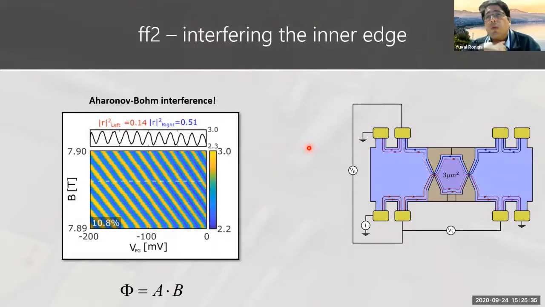Okay, so two main things. The first one is that the bottom HBN is very thin. So this made the capacitance of the Fabry-Perot to the world much larger, which reduced the charging energy. So that's the main reason.